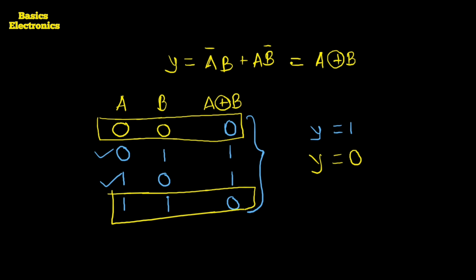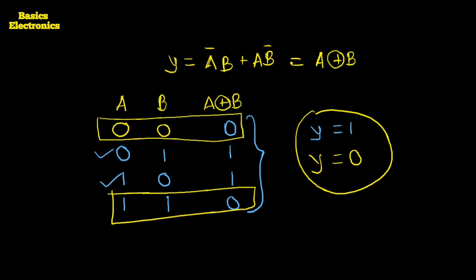And the same XOR gate produces logically high output when the different inputs are applied. This is the logical definition, the logical statement for the 2 input XOR gate.